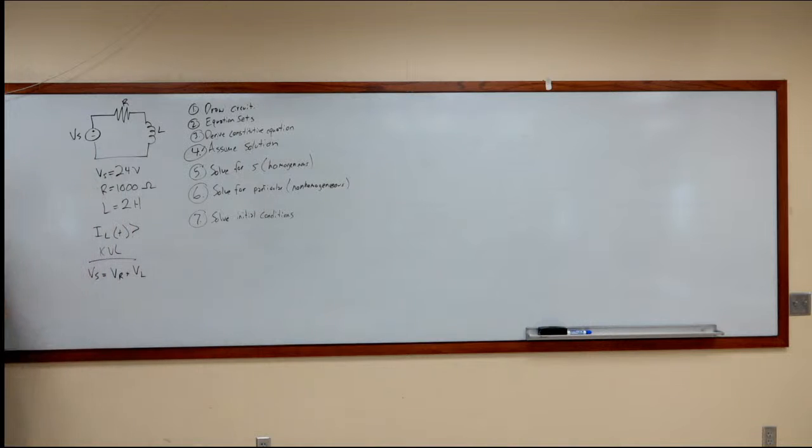The voltage across the battery, which is the input voltage, is equal to the voltage across the resistor plus the voltage across the inductor. All of that forms one loop. So that's equation set 1.